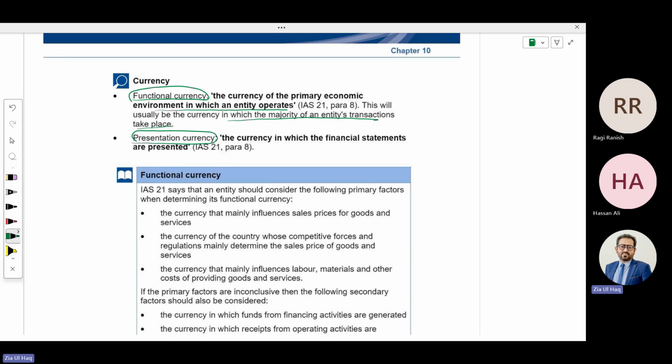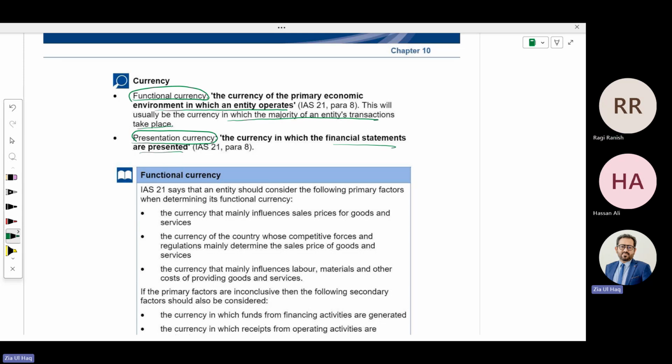And what is presentation currency? The currency in which we prepare our financial statements. In most cases, both currencies are the same, but they could be different. Functional currency is the one in which we perform transactions in the primary economic environment, and presentation currency is the one in which we need to prepare financial statements.